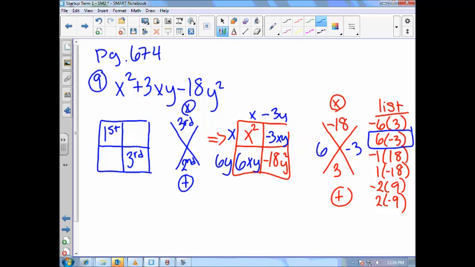Okay, now let's check. Is x times negative 3y negative 3xy? Yep, and 6y times negative 3y, is that negative 18y squared?